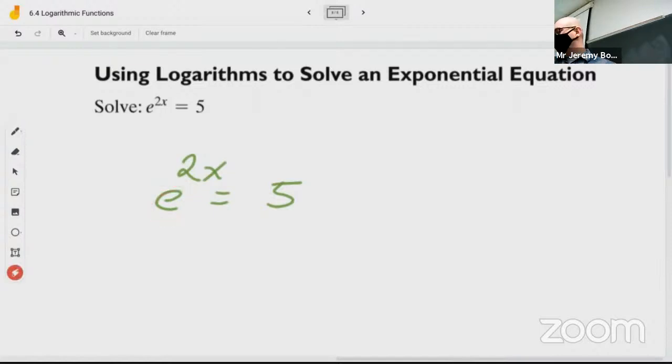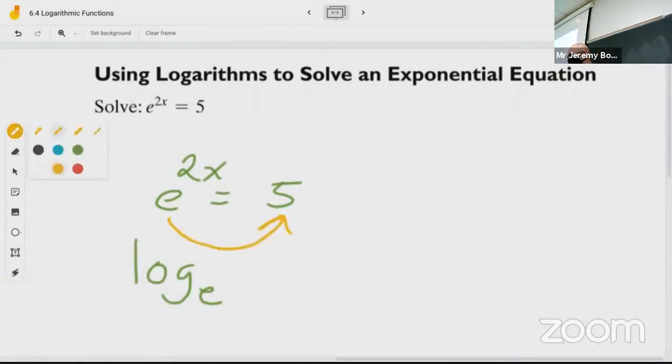So we're going to have log base e of what? Log base e of 5 is going to equal what? 2x. Yeah, good.